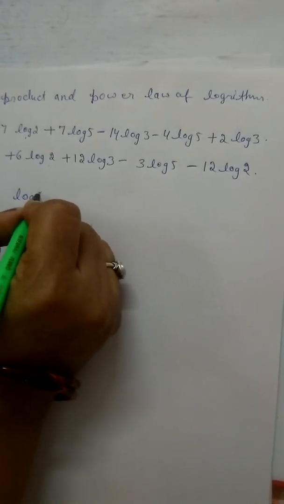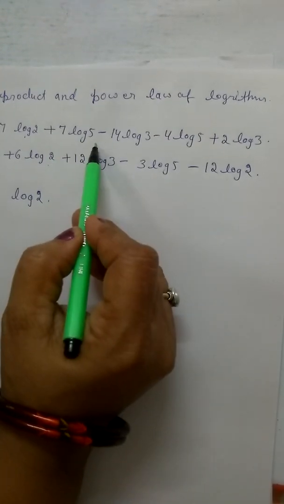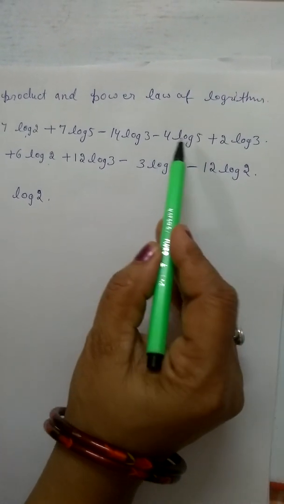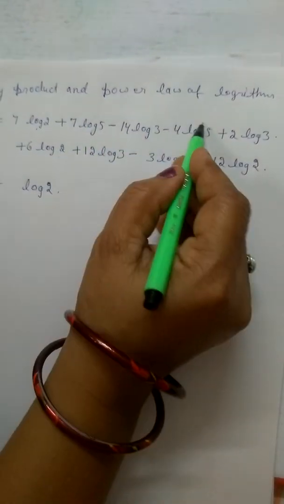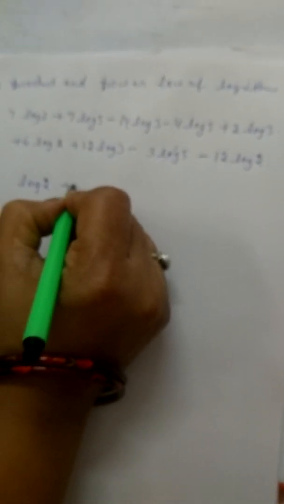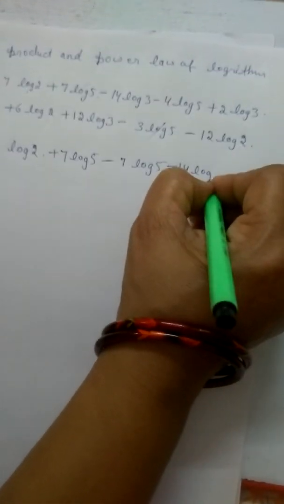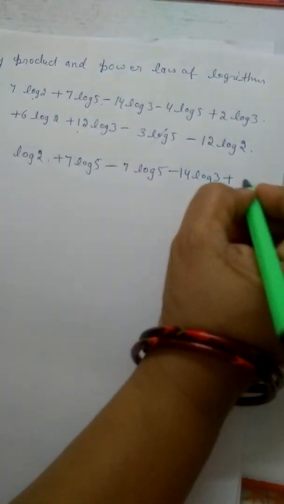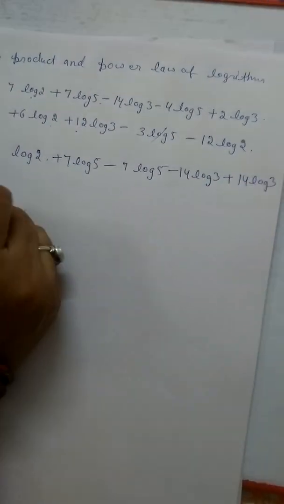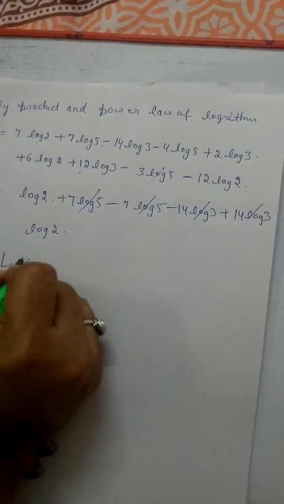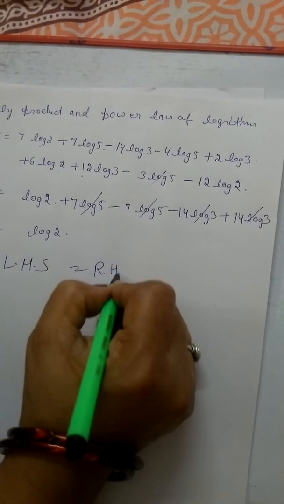Log 2. Okay, now 7 log 5 minus 4 log 5 minus 3 log 5, 4 and 3 is 7, this will be cancelled. What is the value of log 3? Minus 14 log 3 plus 2 and 12 log 3. Now this will be cancelled. Answer will be log 2. Left hand side equals right hand side, hence proved.